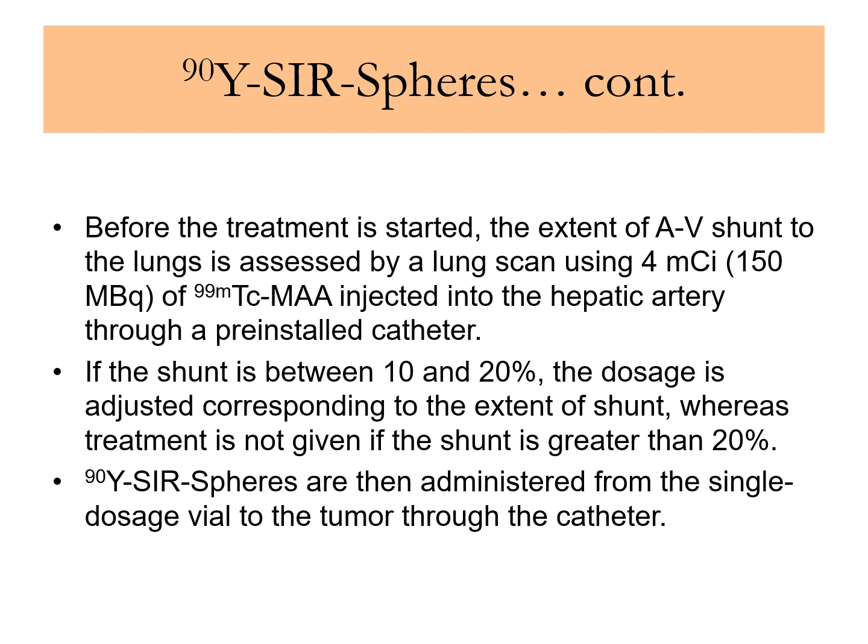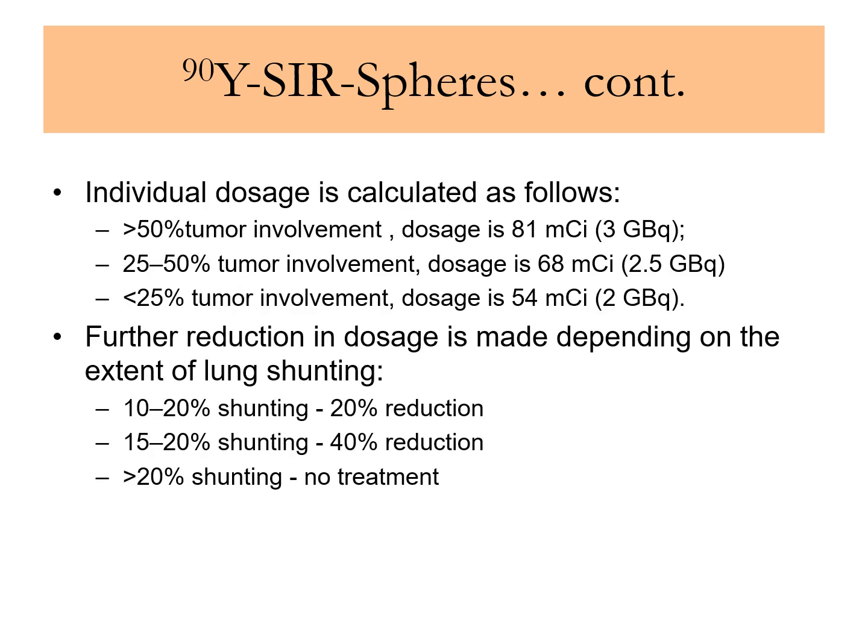If the shunt is between 10 and 20%, the dosage is adjusted corresponding to the extent of shunt, whereas treatment is not given if the shunt is greater than 20%. Okay. Sirtex is then administered from the single dose vial to the tumor through the catheter, as I've mentioned earlier.